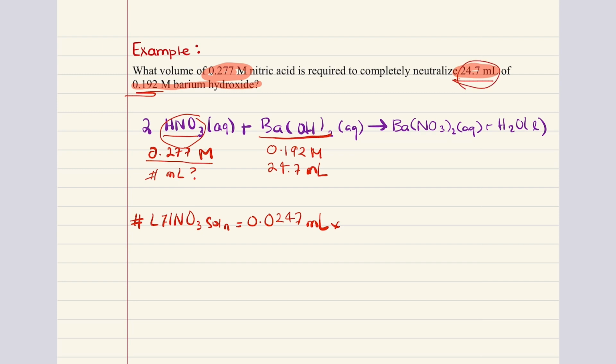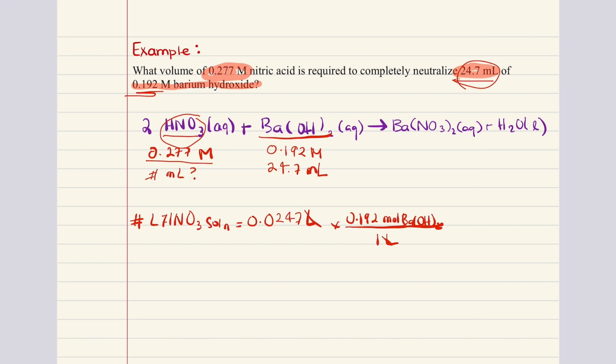I accidentally wrote milliliters here; this is supposed to be liters. We just converted it, so we can use our conversion factor for molarity to get the liters canceled. So what is our molarity? 0.192. That means we have 0.192 moles of barium hydroxide per liter. Liters cancel out.